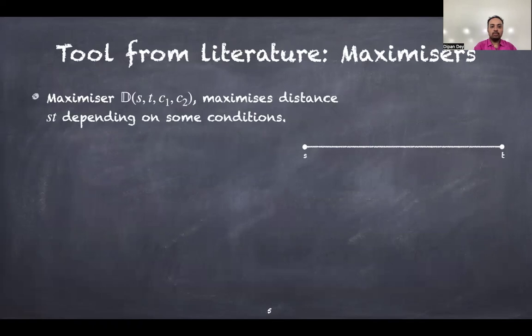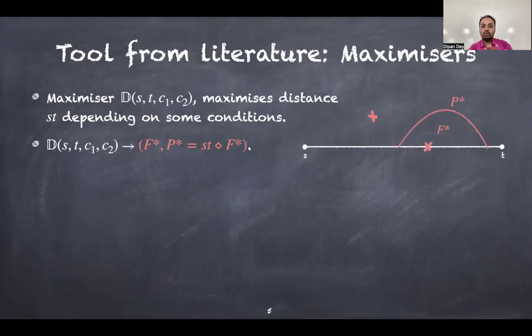So this will store some maximizing set. Depending on how many faults we want to tolerate at a particular point of time, we will have the size of F. For example, if you want to tolerate 2 faults, then F star will contain two edges which maximize the distance from S to T.